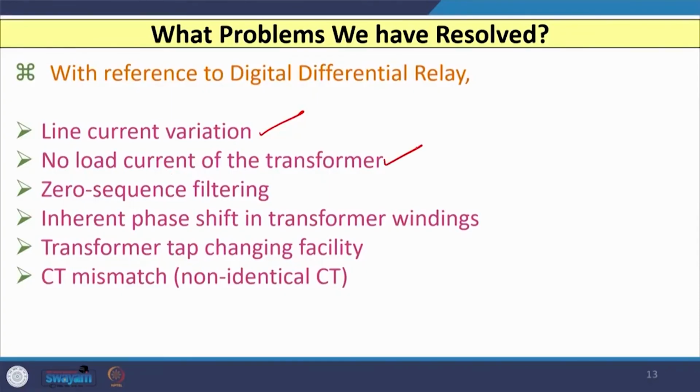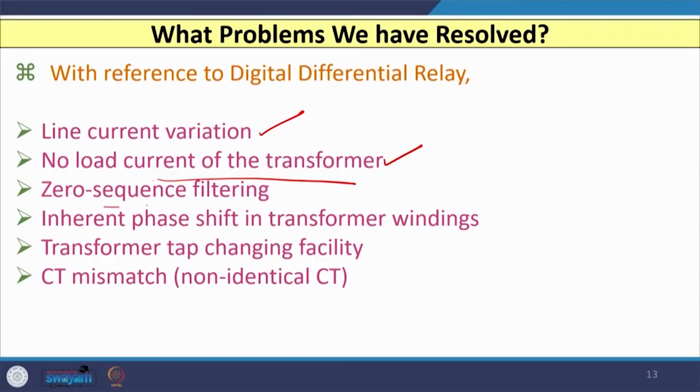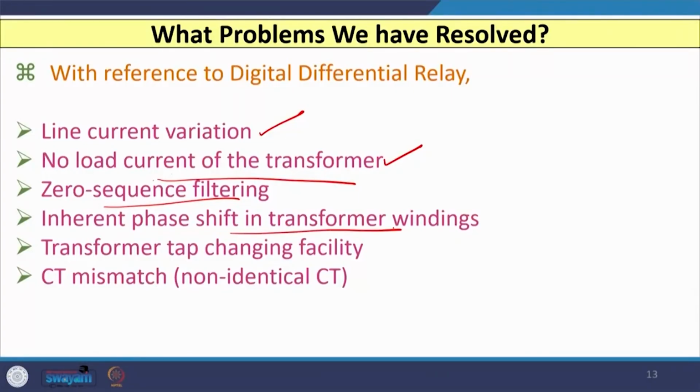Then we have discussed the no load current of the transformer. When the transformer is working in steady state condition, the no load current is very small. Then we have obtained the zero sequence filtering using mathematical equation, and inherent phase shift also using mathematical equation, some matrix, and we do have the transformer tap changing facility.